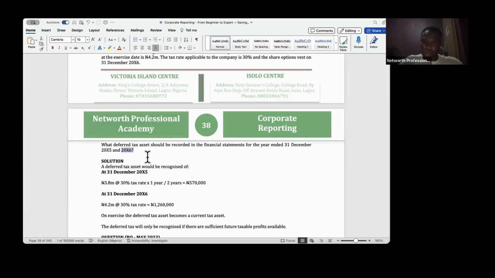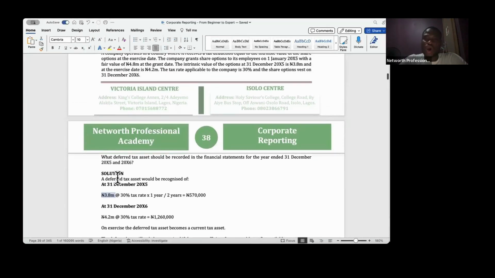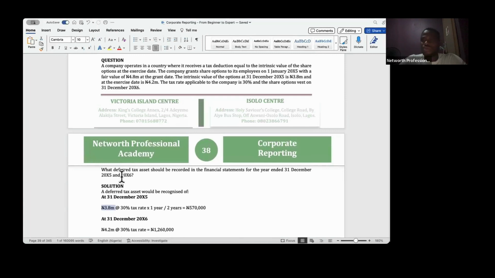Like I did, a deferred tax asset would be recognized. It will always be a deferred tax asset. So at 31st December 2005, the deductible temporary difference is going to be 3.8 because the carrying amount is always going to be 0.